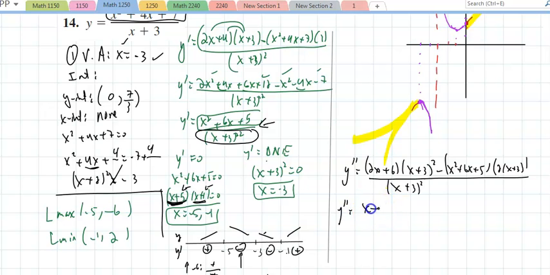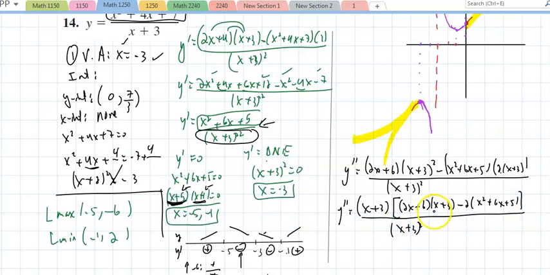If I factor x plus 3 out, I'll have a 2x plus 6 times x plus 3 minus x squared minus 6x minus 5 all multiplied by 2. Oh, I should have paid attention to that. Okay, I'll do it in 2 steps. Minus 2 into x squared plus 6x plus 5, all over x plus 3 squared.